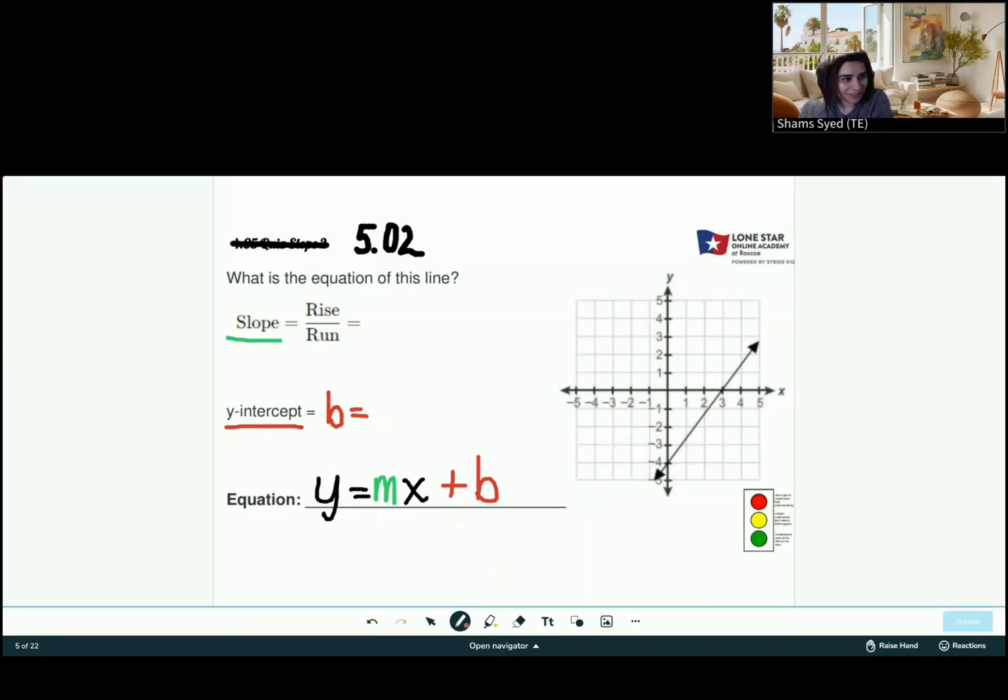I see Rajneesh. Y-intercept is you go on the y-axis and see where the graph cuts the y-axis. It cuts over here, right? The graph and the y-axis meet and cross at -4. So b is -4. I will go ahead, put a -4 for b. So put a -4.